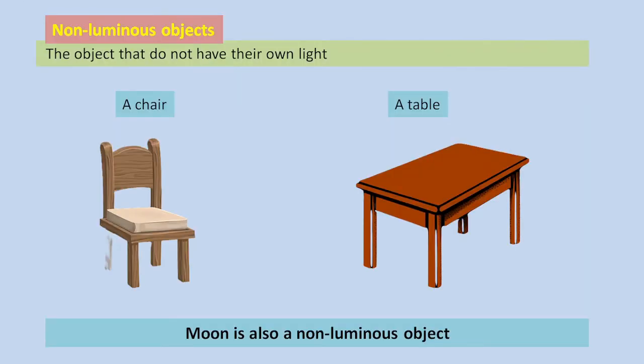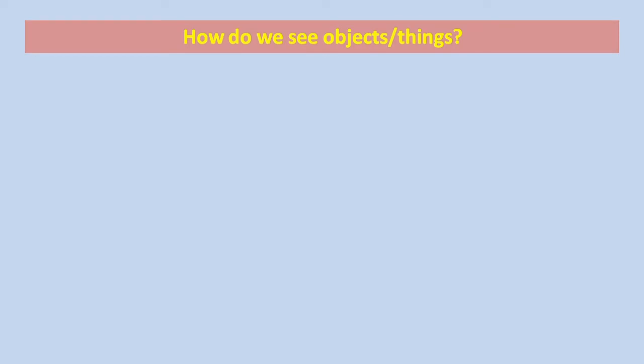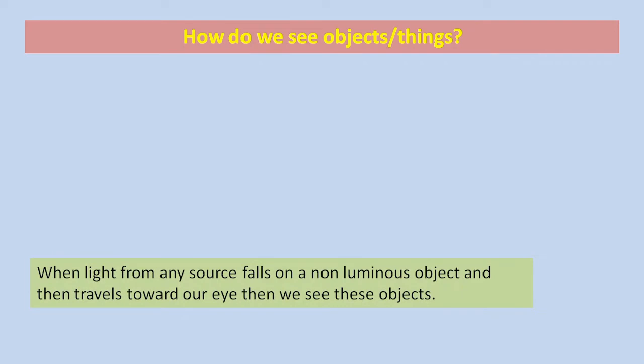By using our knowledge of luminous and non-luminous objects, let us now discuss how do we see non-luminous objects or how do we see objects. To see a non-luminous object, we need a source of light.